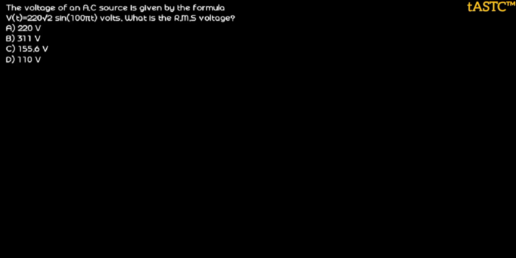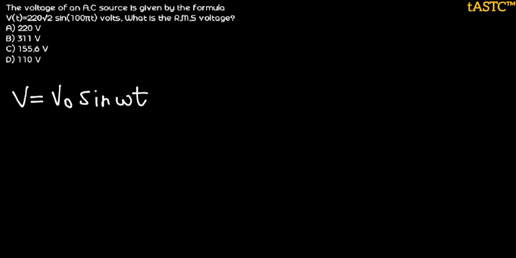Now here is the next question. The voltage of an AC source is given by the formula V(t) equal to 220 root 2 sine 100 pi t. Now what is going to be the RMS voltage from here? Now we know that instantaneous voltage V is always given as V0 sine omega t.